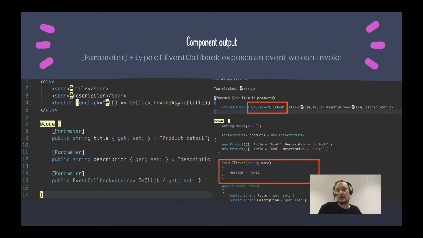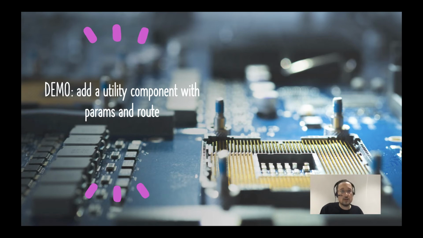And my clicked function is called in response to this child doing something. So here you have the chance to maybe call a backend service and say, hey, this component, this product changed, and you need to persist that in a database, for example. Now I'll show you how you can be building a utility component with parameters and routes.